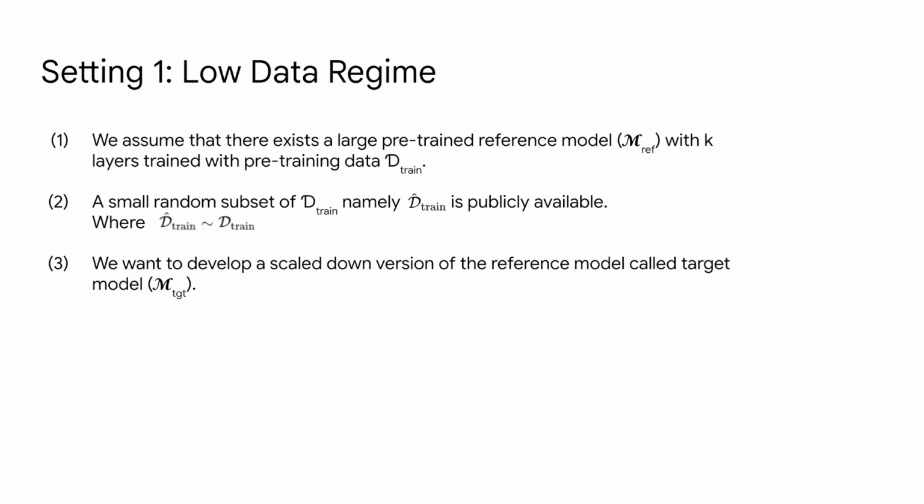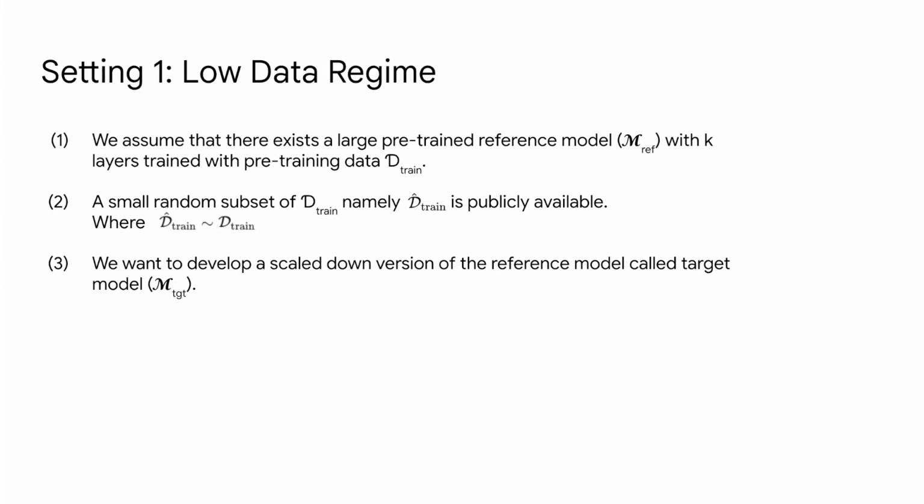There are two settings we consider: the low data regime and the full data regime. In the low data regime, we assume there exists a large pre-trained model, which we consider a reference model, trained on the full training set D-train. And there is a small random subset of D-train which is publicly available, because as you know, no company releases their models' pre-training data set.